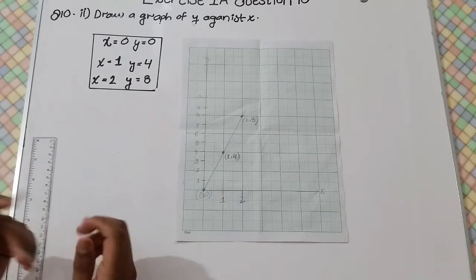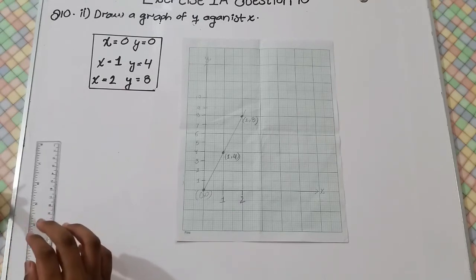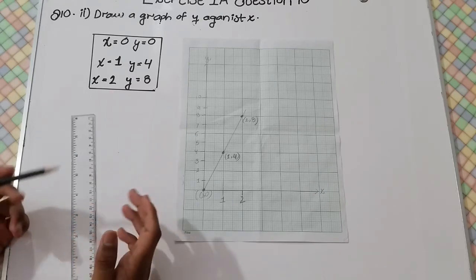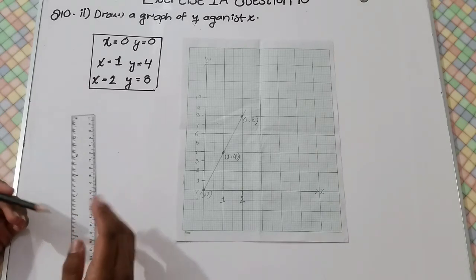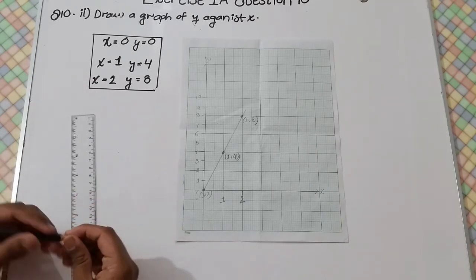So in this video, we did question number 10 of D2, in which we did two parts. First, we created an equation and found the value of k, and then in part 2 we found the values for the graph plotting.